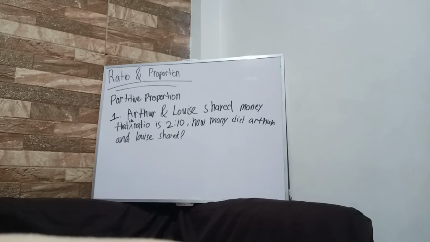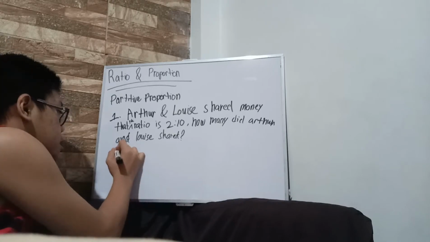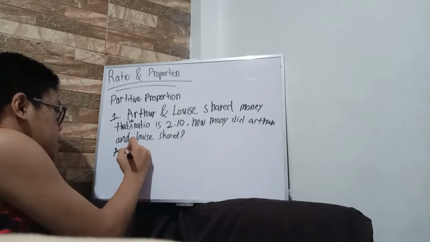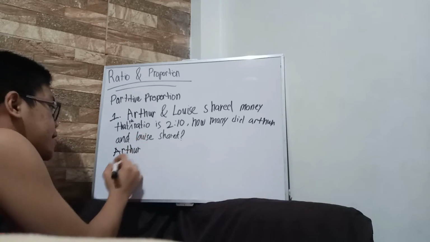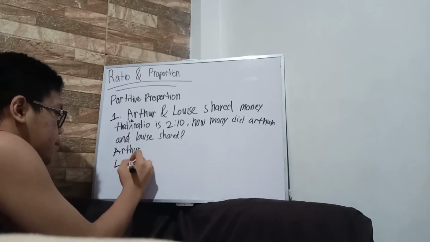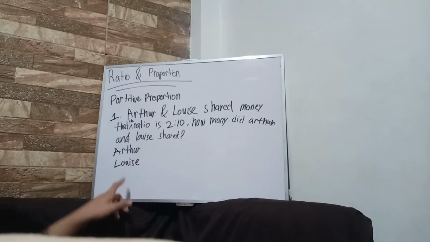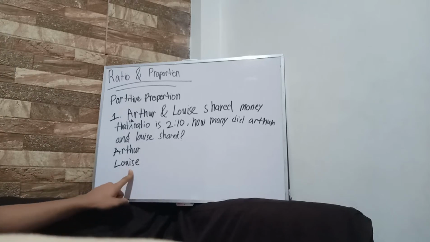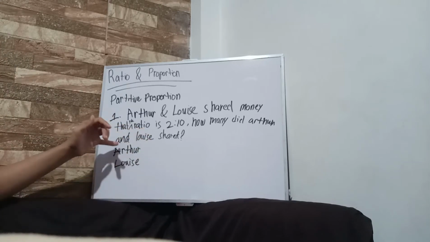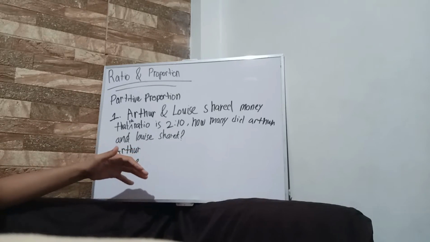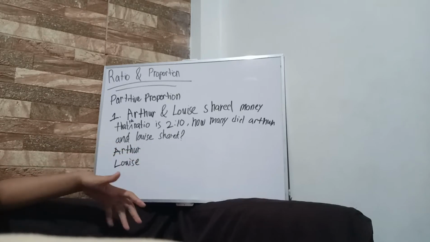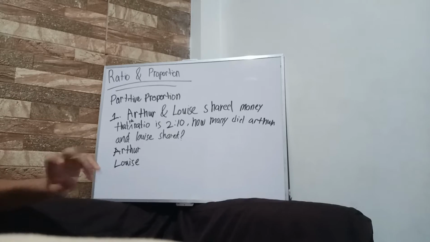That's the example. So we have here Arthur, Luis. That's how you put the solution. You will put the person that shares. It can be 3 or more or 2 only.